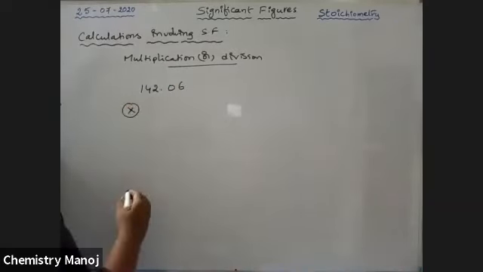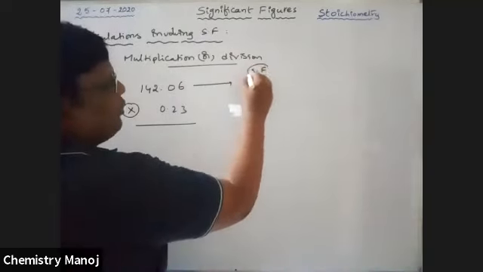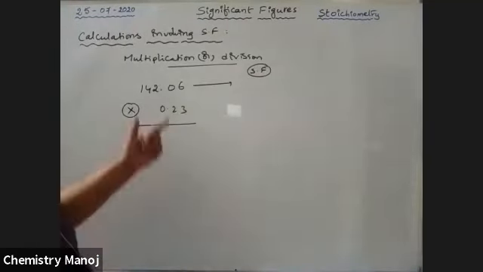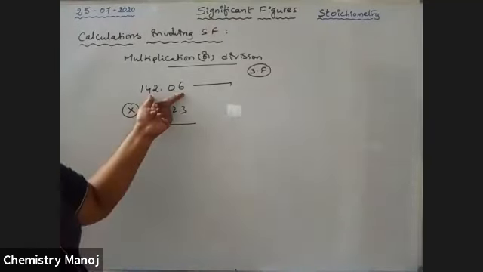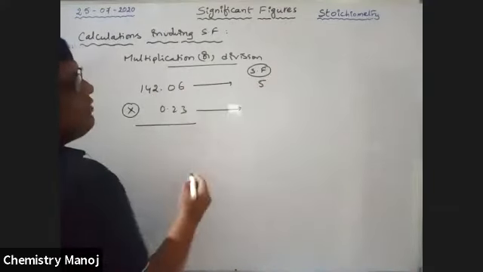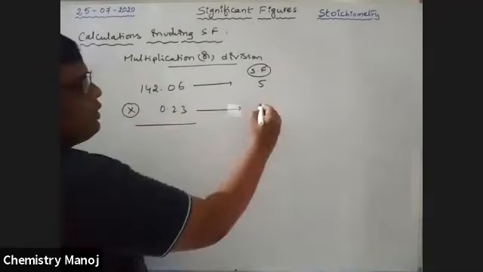See boys, here, how much is the significant figure for this? Tell me once again. How much is the significant figure for this one? Yes, 5. How much is the significant figure for this one? Yes, 2. 0 is not counted in it.